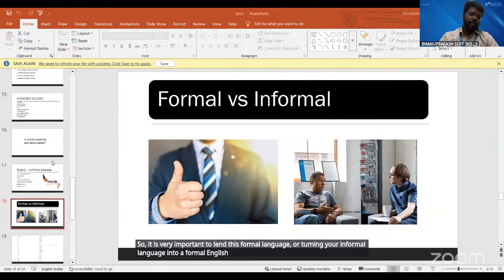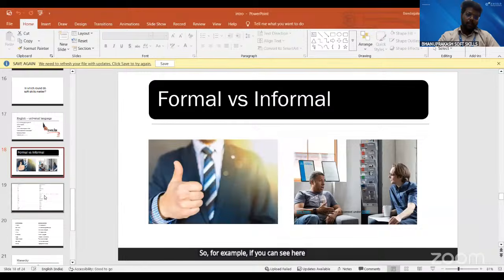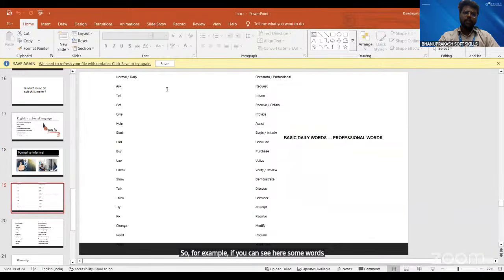For example, you can see some words here. Ask is a very informal word. Instead, we can say request, tell, inform, get, receive, give, provide, help, assist, and conclude, buy, purchase, use, utilize.